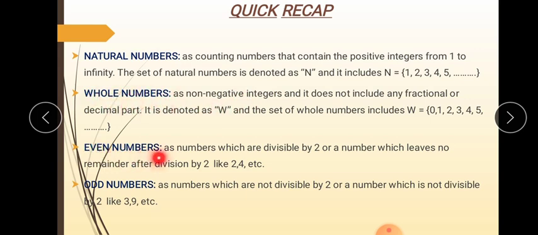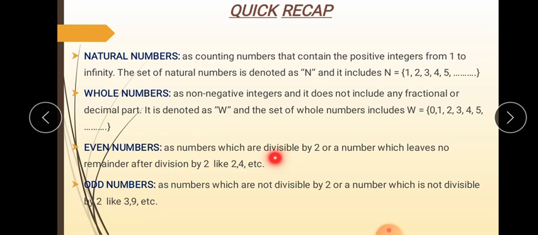Third one, even numbers. The numbers which are divisible by 2, or a number which leaves no remainder after division by 2. So the numbers which we can divide by 2 and it will give us no remainder. Say for example 8.